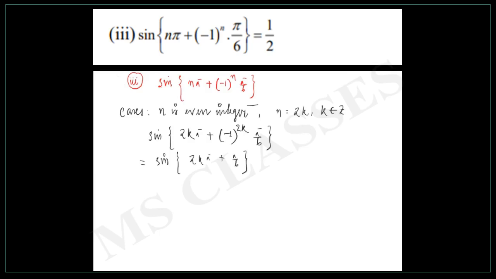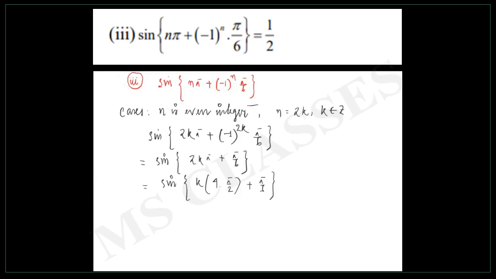Why pi by 6? Minus 1 to the power of an even integer is definitely 1. So this is plus pi by 6. Now this one, how can we write? As I told you always, express this as some multiple of pi by 2. So k into 4 into pi by 2 plus pi by 6.